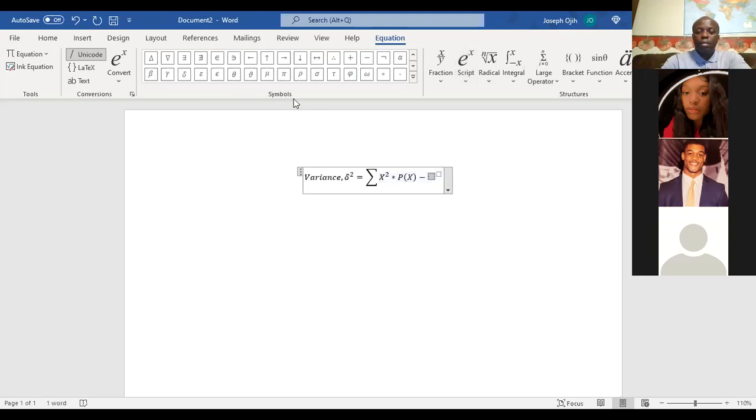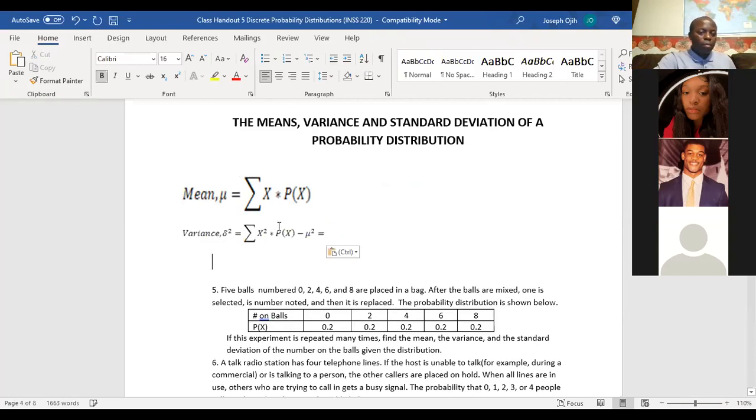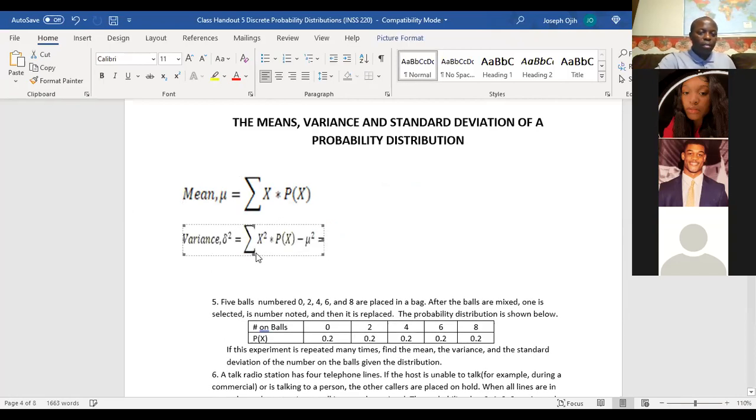So I'll give out the variance right there. This one will give out the variance. I'm going to put it under this one. So x squared times P(X). So then the standard deviation, as usual, is the square root of variance.